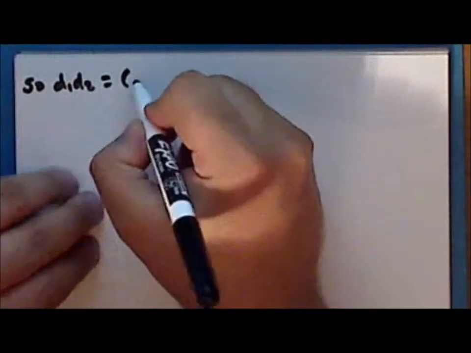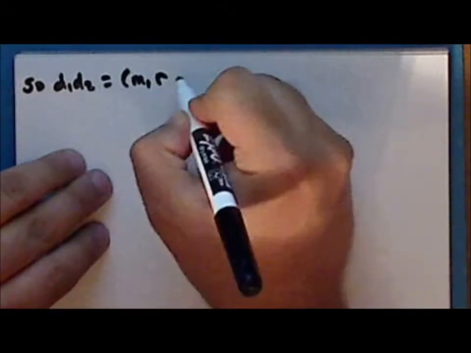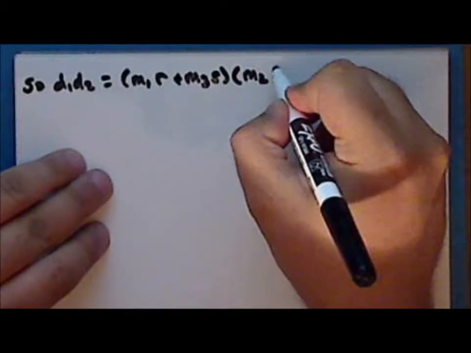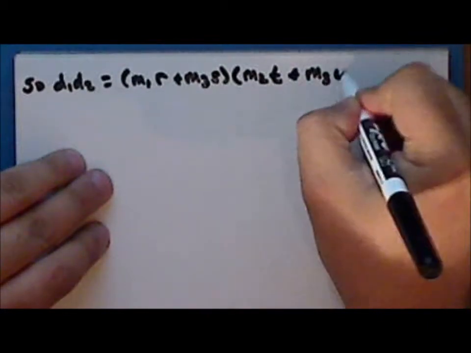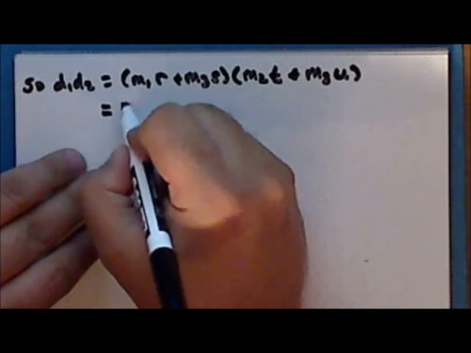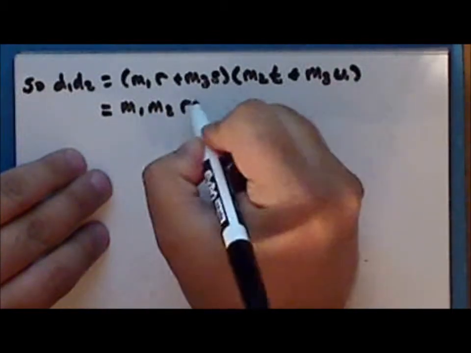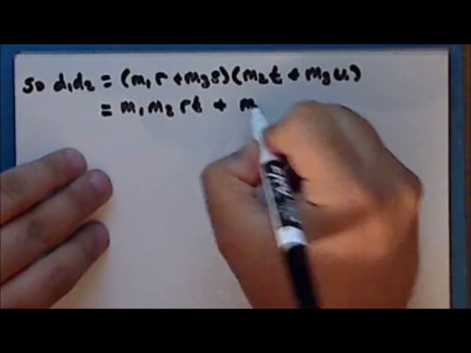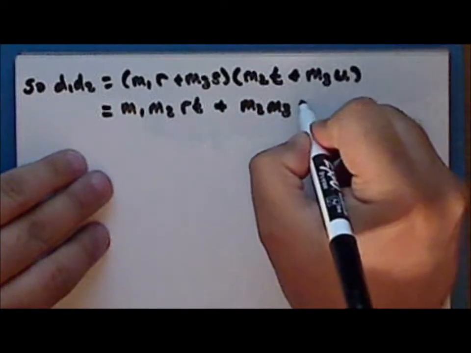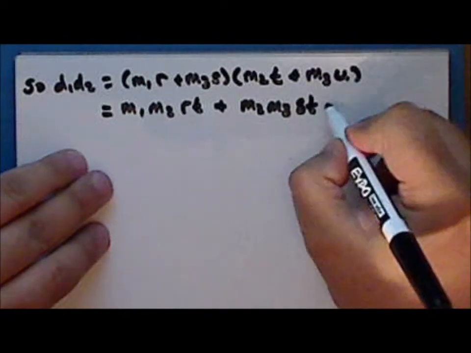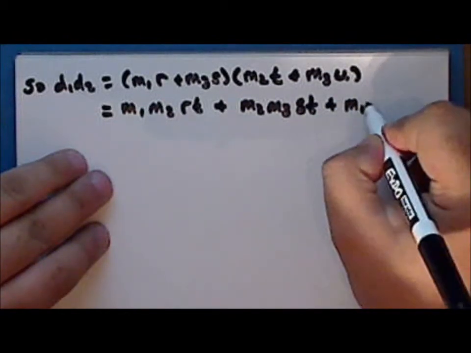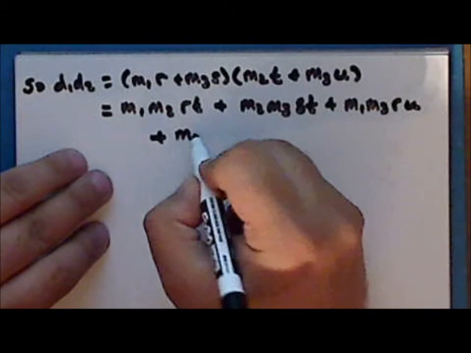So the product d1 times d2 is the product of the sum m1 times r plus m3 times s times the sum m2 times t plus m3 times u, which is m1 times m2 times r times t plus m2 times m3 times s times t plus m1 times m3 times r times u plus m sub 3 times m sub 3 times s times u.